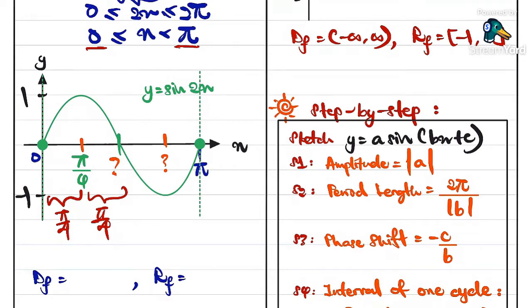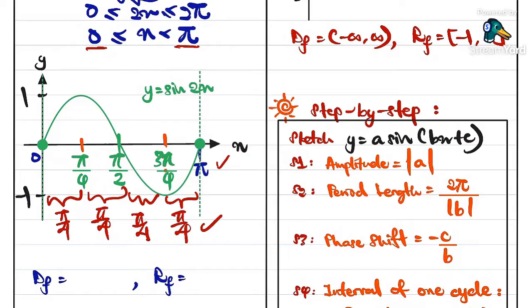And then you plus it again, and you will get pi over 2. And then you plus again, you will get 3 over 4 pi. And then you plus again with pi over 4, you will get 4 pi over 4, which is pi. So basically, this pi over 4 means the length, to find each of these intercepts, that is how it works.